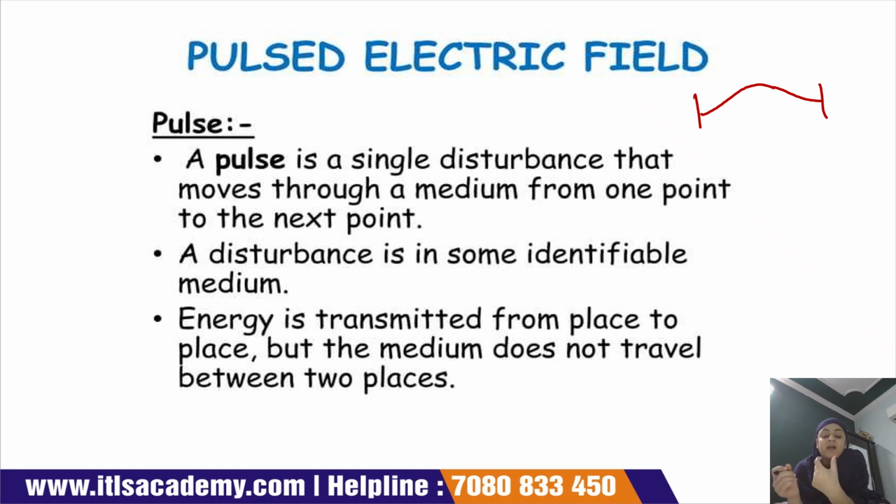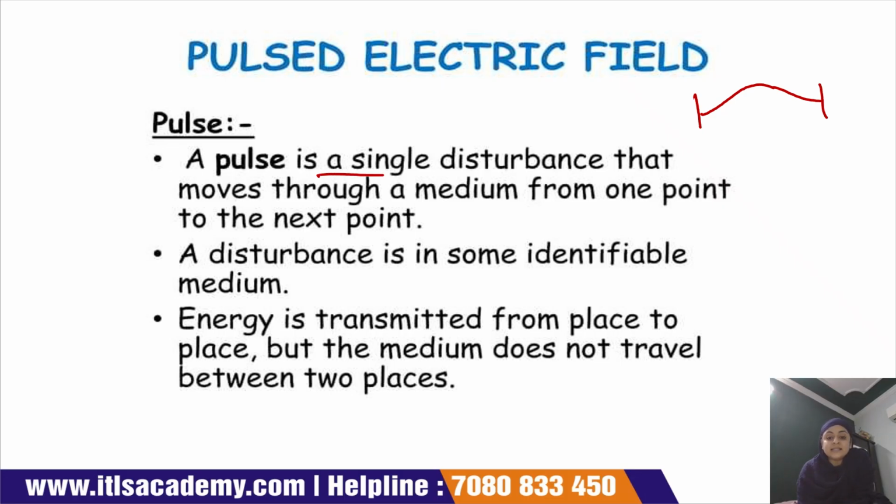This disturbance is in some identifiable medium, and there is an energy transfer from one place to another, but the medium does not travel between the two places. For the travel of the pulse, the medium does not move. Now what is written here?